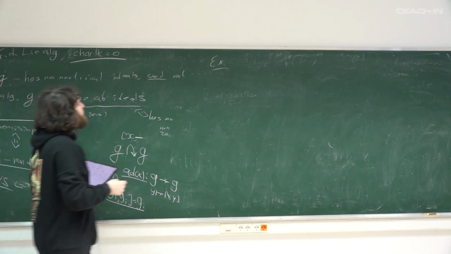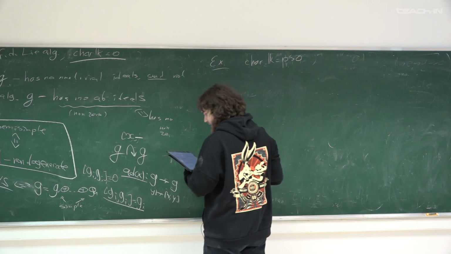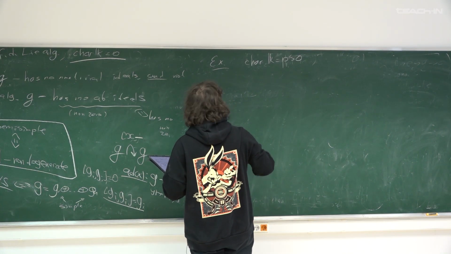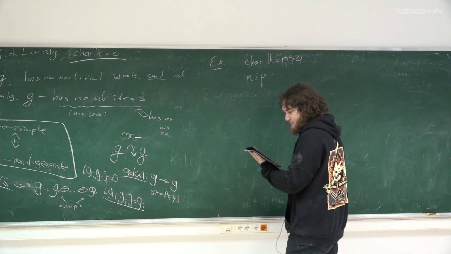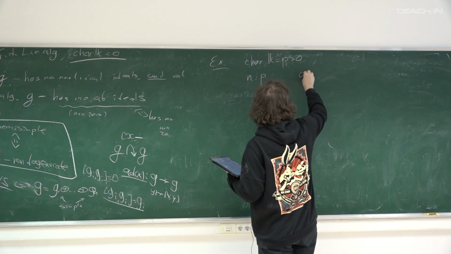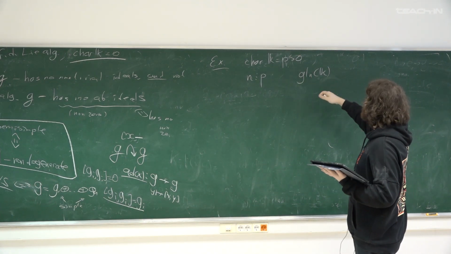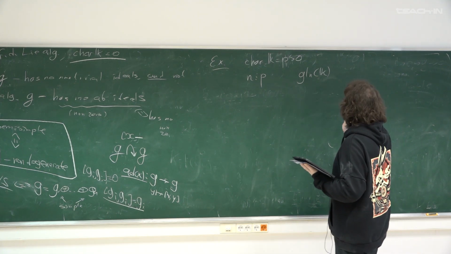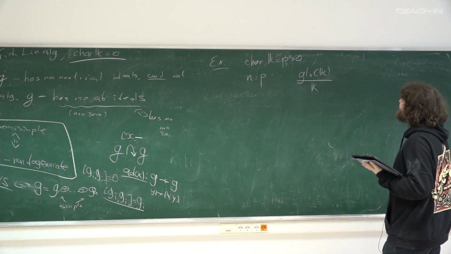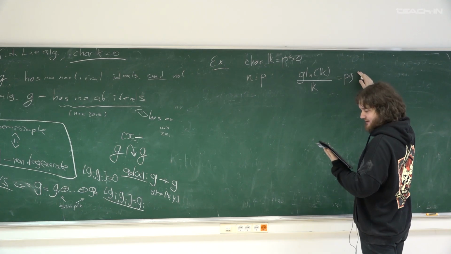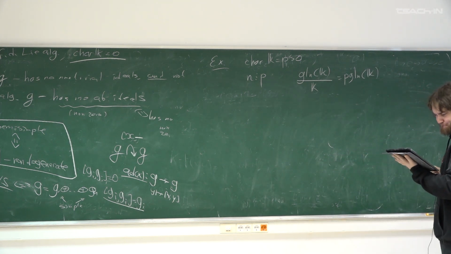If you have positive characteristic p, and consider n divisible by p, then take gl_n(k), all n by n matrices with the associative commutator, and consider the quotient by the scalar matrices, which are its center. It's called PGL_n, projective gl_n.